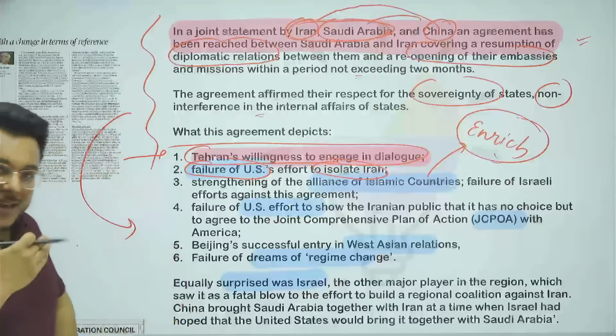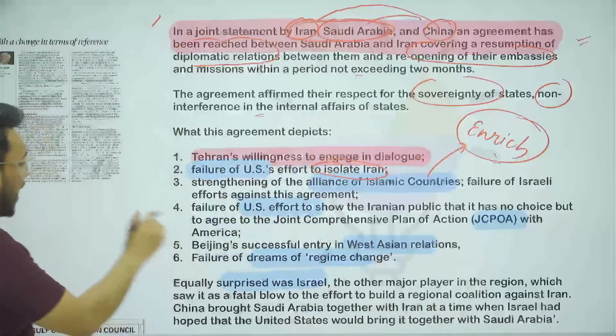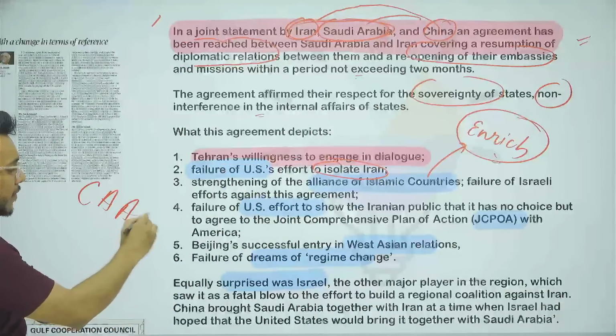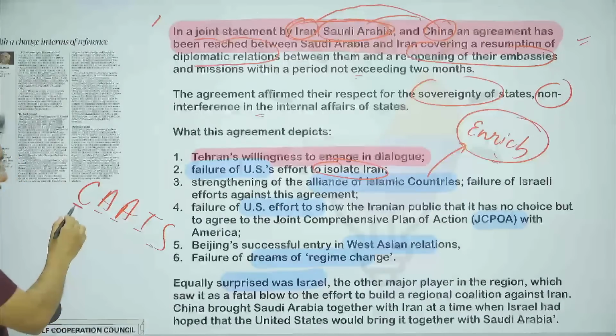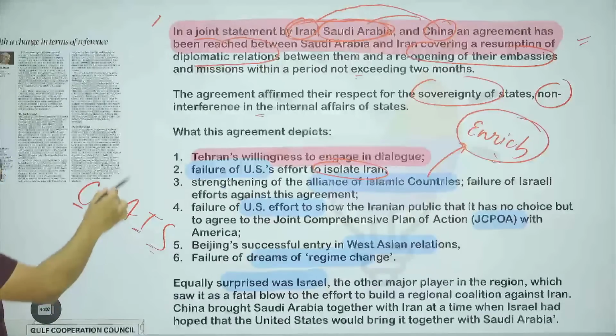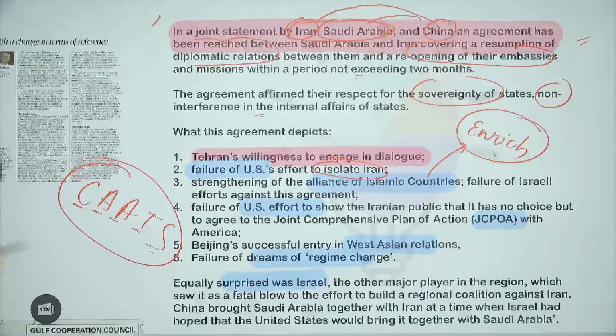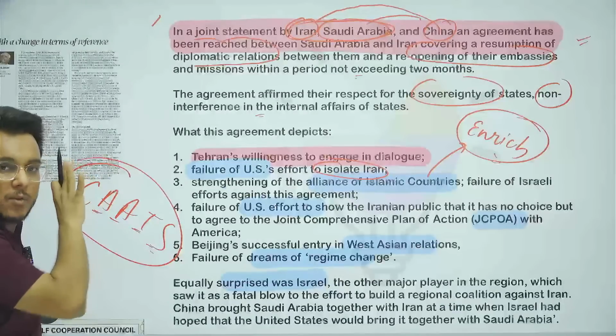Moreover, guys, when we talk about America, you might have heard that there is one act called the CAATSA Act, Countering America's Adversaries Through Sanctions Act. Under the CAATSA Act, the USA says that there are certain countries which are adversaries, enemies of the USA.